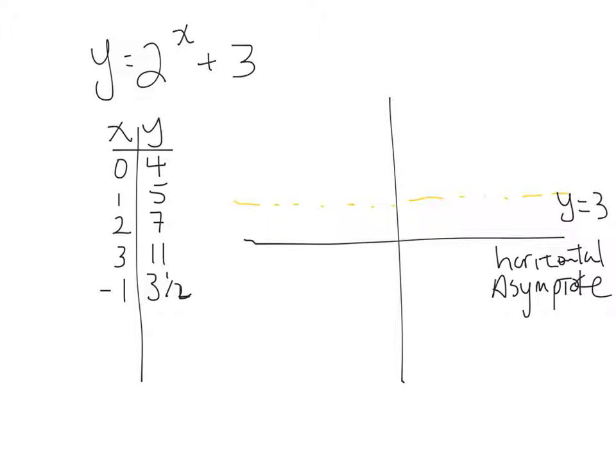And what that means is our graph is now coming down, and it's going to be 1 up above the horizontal asymptote. So this is at 1, 2, 3, and so up at 4 is going to be where this graph passes through. And what that means is our graph is going to look like this time, and it's going to come down through 4 and then gradually approach the asymptote of y equals 3.